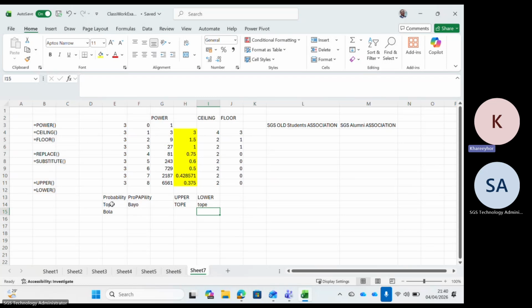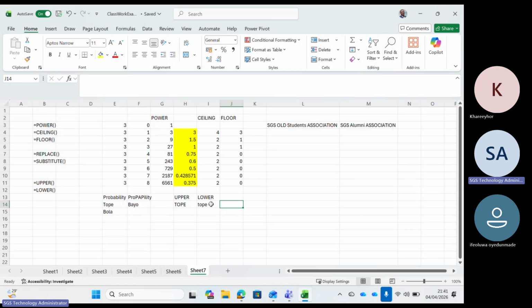It only changed the beginning, the letter T, because that's the only capital letter there. Even if everything is capital letter, it's still going to change everything to small letters. And there is this one we call proper.